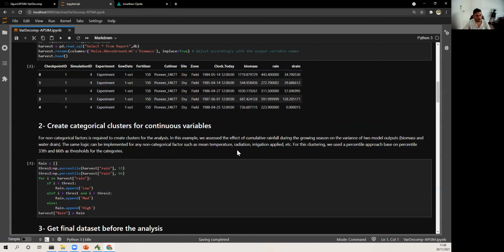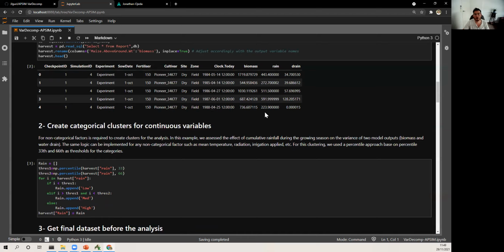Therefore, something is required for these continuous variables. What is needed is to convert these continuous variables to categorical variables. And to do that, I just created here a piece of code, but you can do your own code. The only thing that you need to do is create a categorical variable based on this continuous variable.